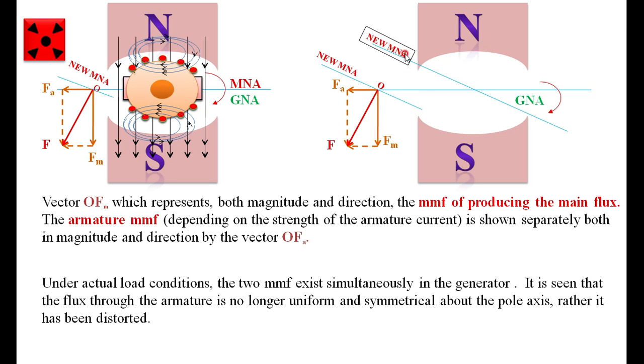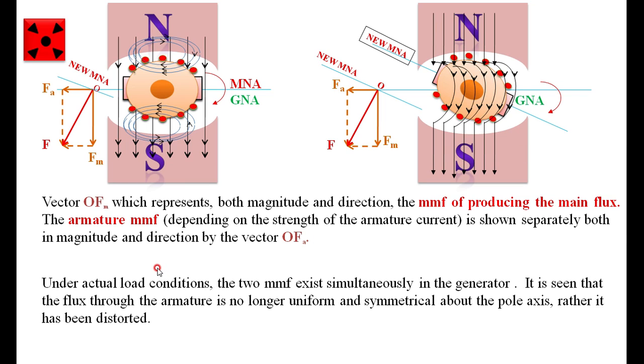The MNA is perpendicular to the resultant flux. Therefore, there is a shift of the brushes along the new MNA. I told you that brushes are always placed along the magnetic neutral axis. If the direction of the magnetic neutral axis changes, the brush position also changes along the new MNA.